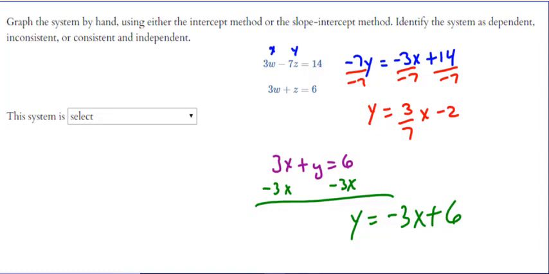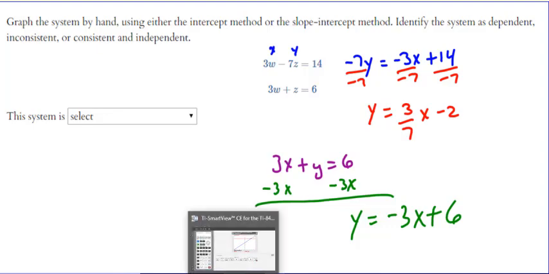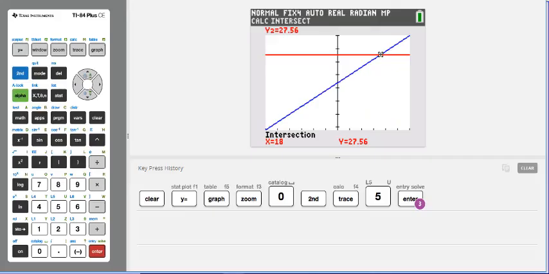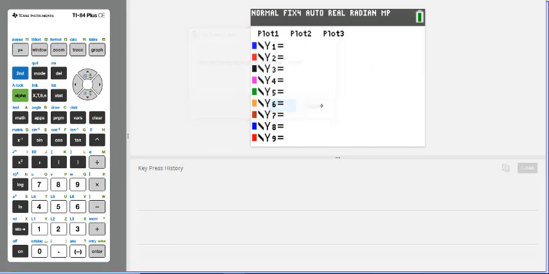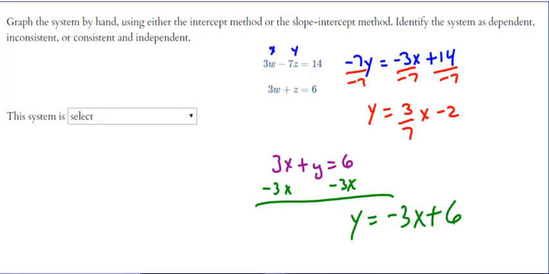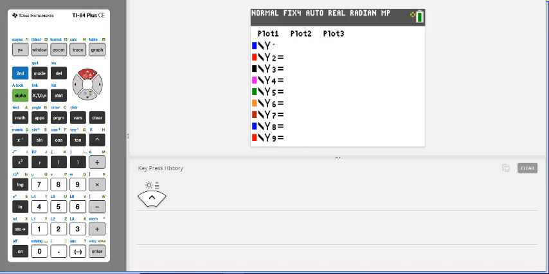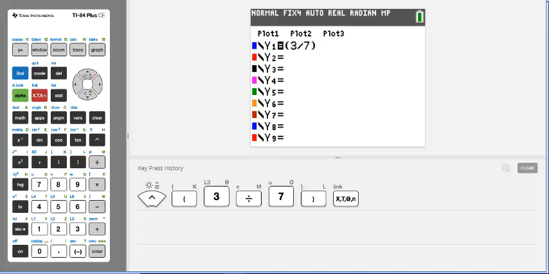We're going to graph the first one, put it in, and then we'll grab the second one. So we're going to go to y equals. We're going to clear out anything that's there. I'll go ahead and clear that. Now let's enter 3/7 x minus 2. So parentheses 3 divided by 7, close parentheses, x minus 2.